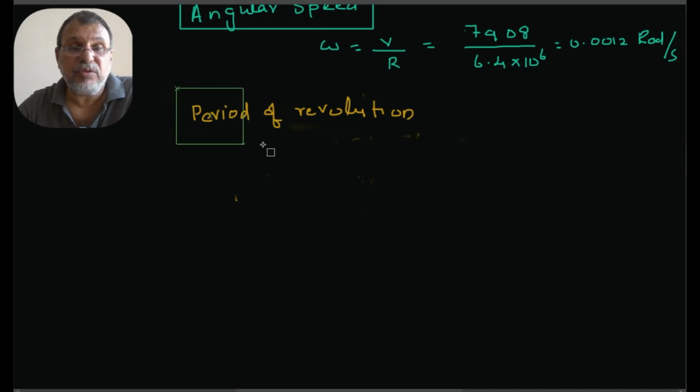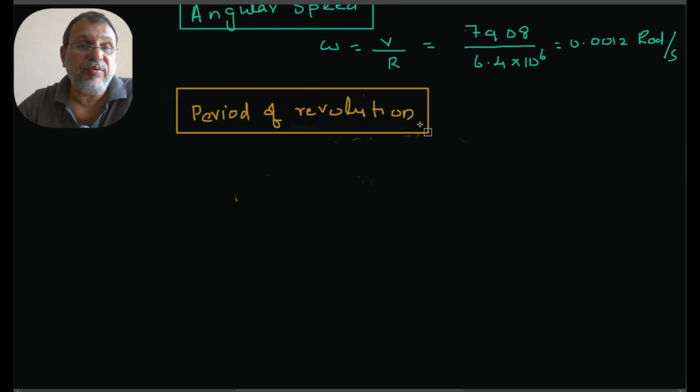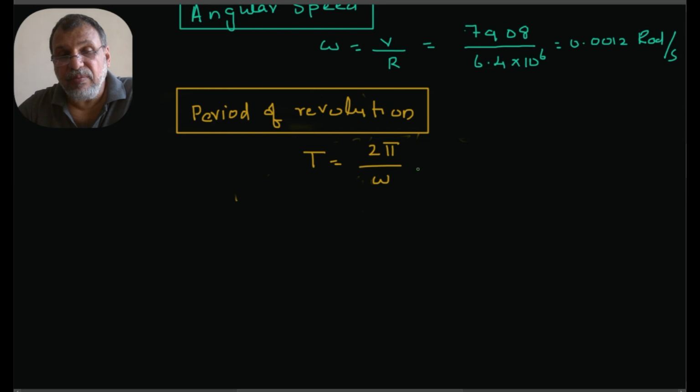Let's try to work it out. So you have the expression T is equal to 2 pi over omega, and the omega value we already know, 0.0012.